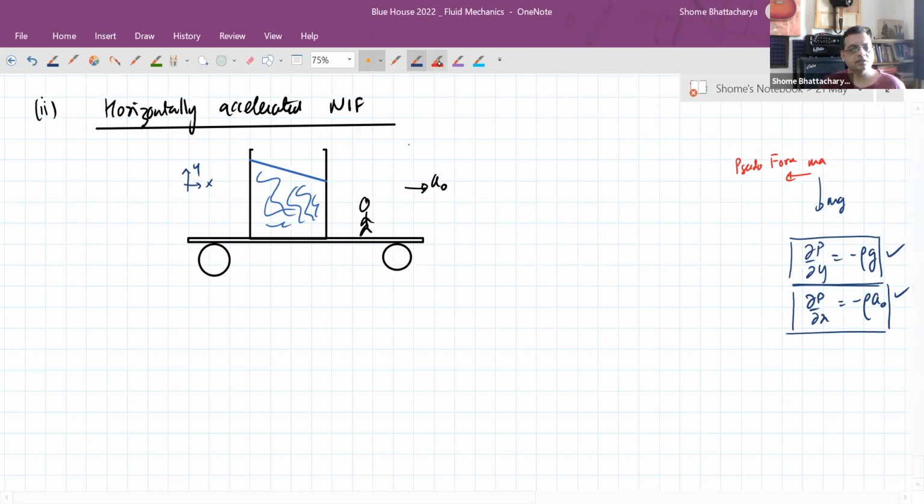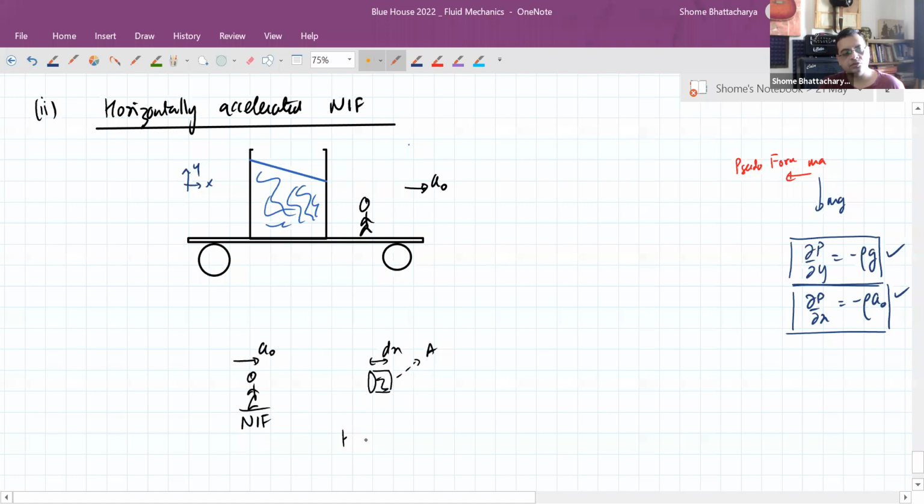So within this, if you take a fluid element, now if we consider a fluid element of this type, whose thickness is dx, and this area is A, and in the non-inertial frame which is traveling like this, we consider the horizontal forces only, to get the horizontal pressure gradient.